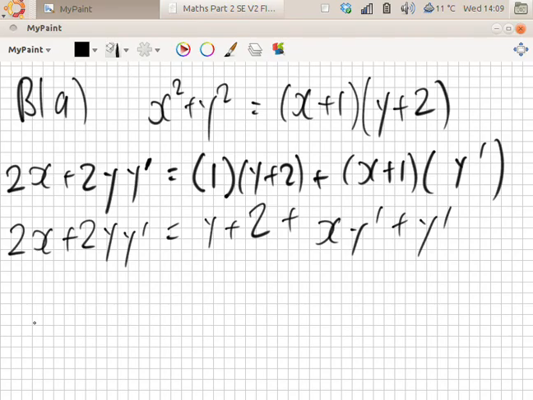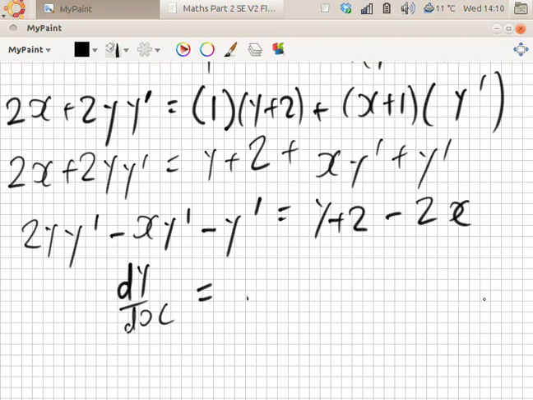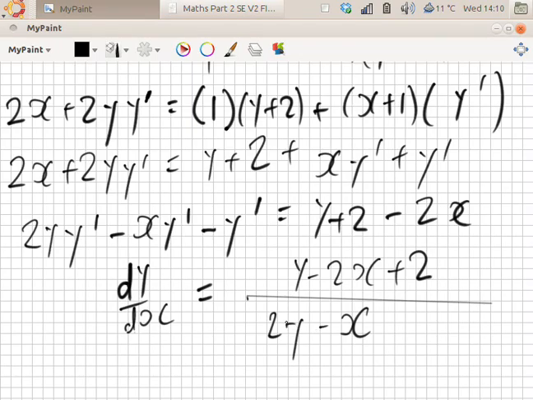So grouping everything together, you get 2y y prime minus x y prime minus y prime equals y plus 2 minus 2x. So we're left now with the answer: dy/dx equals (y minus 2x plus 2) over (2y minus x minus 1).